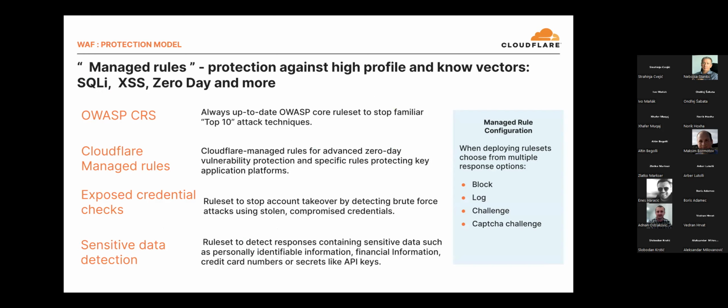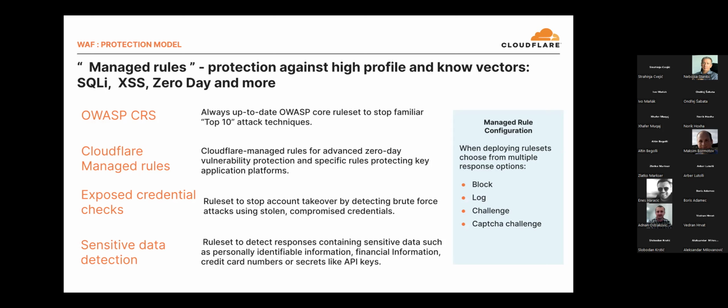The second group of rules that protects your infrastructure is the OWASP rule set. It's a group of rules created by the OWASP Foundation. OWASP is an online community which produces documentation and technology in the field of web application security.